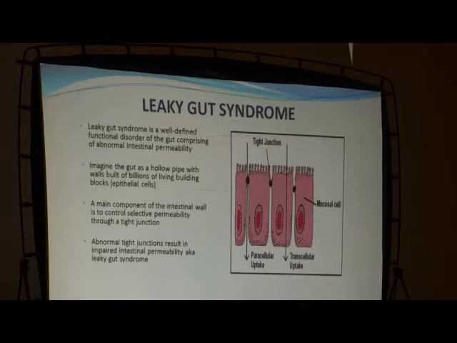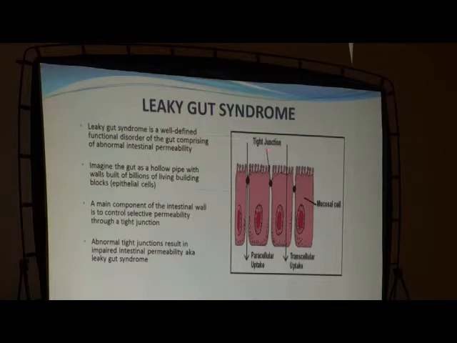So the next topic which we'll discuss is leaky gut syndrome. A lot of physicians somehow think that leaky gut is a mysterious illness which cannot be well defined, which is the biggest mistake. It's a well-recognized functional disorder of the gut. So when we're looking at our gut, this is a picture of the gut. There are epithelial cells which create a lining, and there are junctions between those cells.